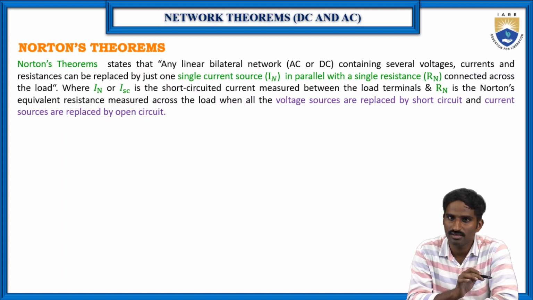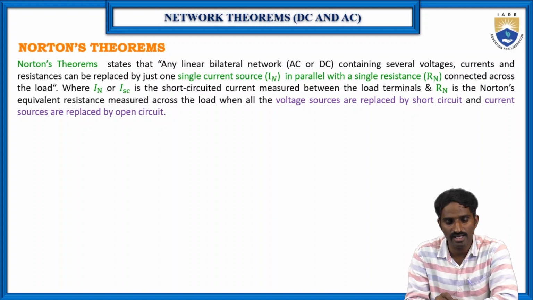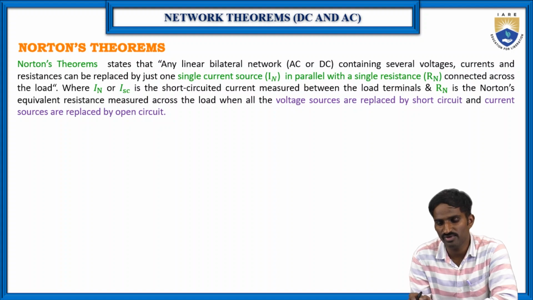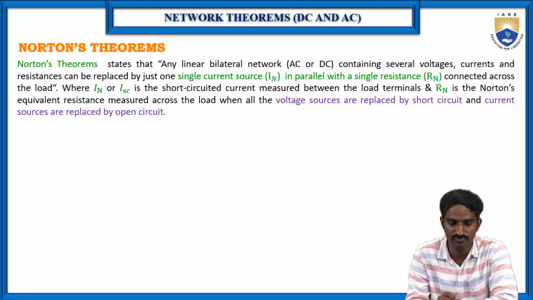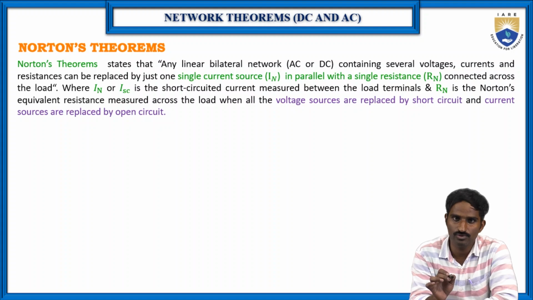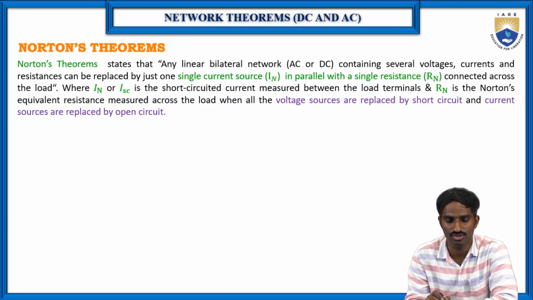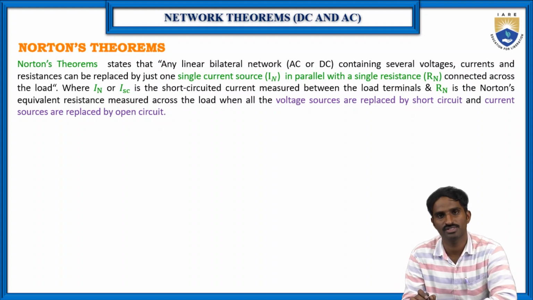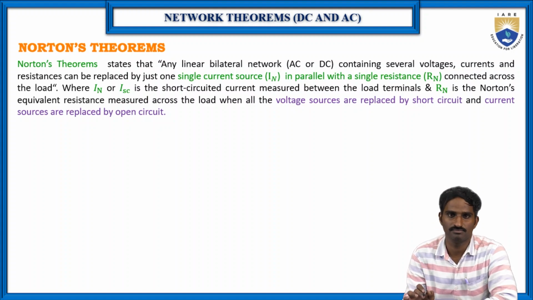Here IN is ISC, the short circuit current measured between the load terminals. Yes, because before it was V Thevenin's and VOC, the open circuit voltage, but here it is short circuit current. So that's why the Norton's current is also called the short circuit current across the load terminals. And RN is the Norton's equivalent resistance across the load when the voltage sources are replaced with the short circuit and current sources are replaced with the open circuit. So the procedure to find R Thevenin's and R Norton's is the same.